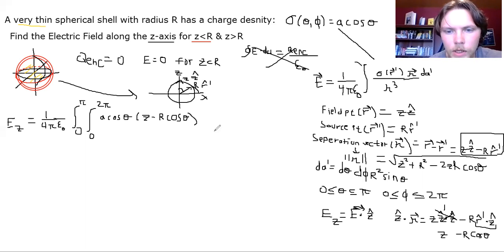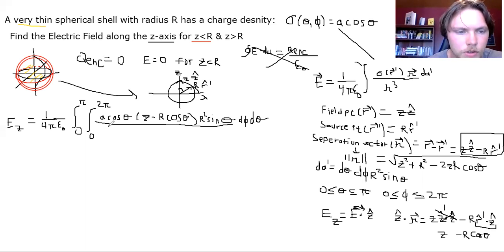And now we just have dA prime, which is r squared sine theta d phi d theta, all over the magnitude of the separation vector cubed, which is z squared plus r squared minus 2zr cosine theta, to the power of 3/2.